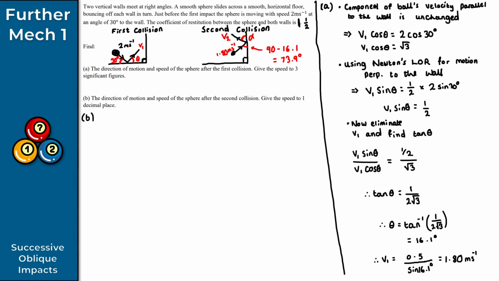It follows pretty much in the same fashion as what we did for part A. So again, the component of the velocity parallel to the wall is unchanged here.